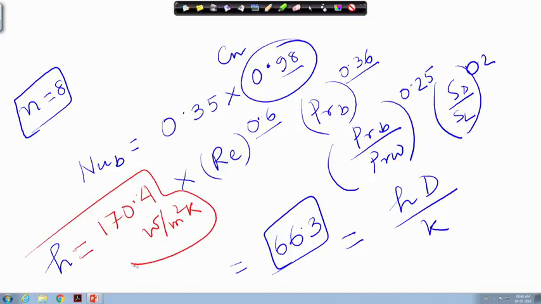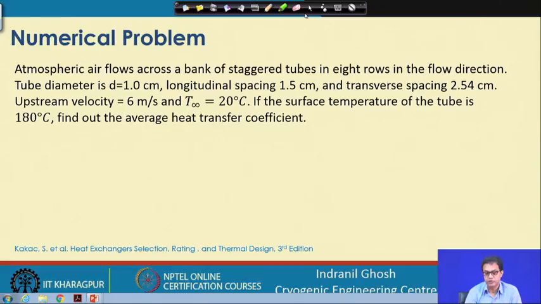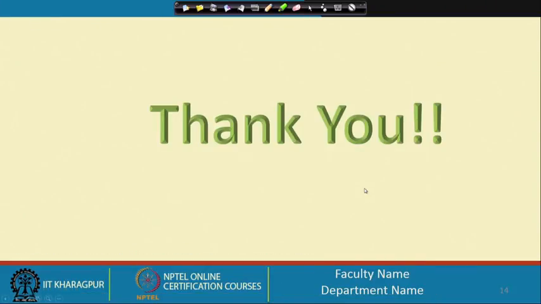In general, that value which we otherwise supply in different heat transfer calculations, now you have learned how to calculate from different correlations, and with that expression of the heat transfer coefficient, we would now be able to find out different other parameters which are necessary. Thank you for your attention.